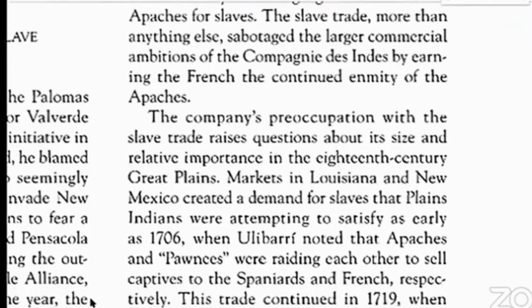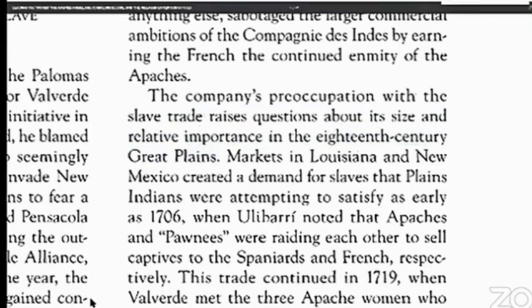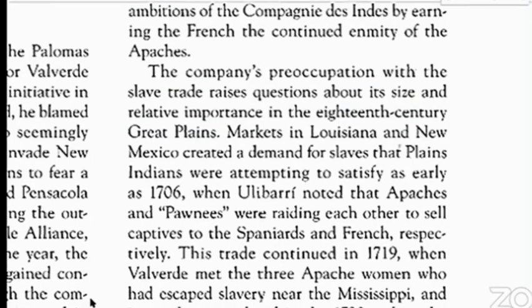The company's preoccupation with the slave trade raises questions about its size and relative importance in the 18th century Great Plains. All right, who are these coureurs de bois? How big are they? How important were they in the 18th century in the Great Plains in this slave trade?